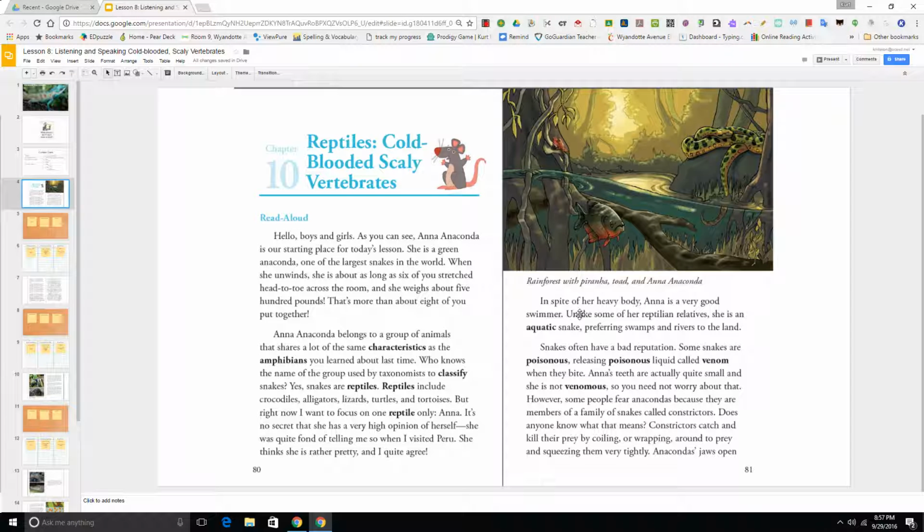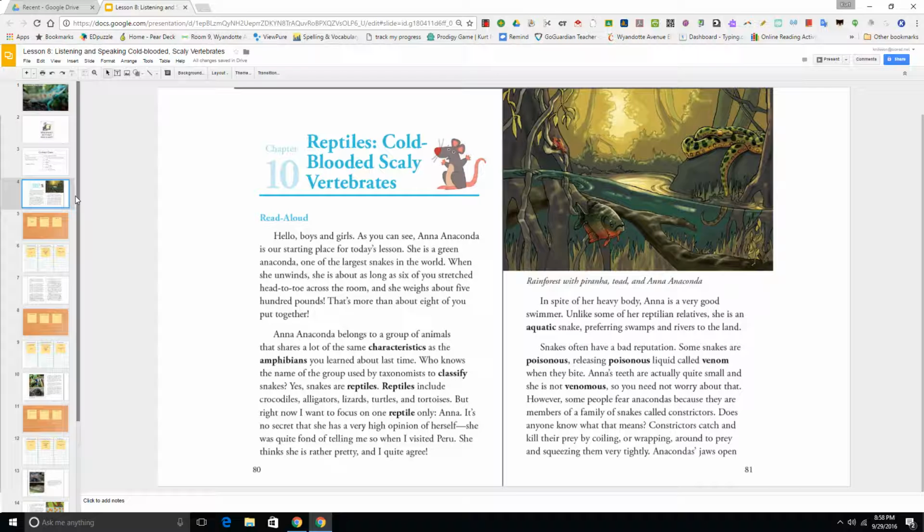It says, in spite of her heavy body, Anna is a very good swimmer. Anna is a good swimmer. That's a clue as to what aquatic means. Unlike some of her reptilian relatives, she is an aquatic snake preferring swamps and rivers to land.